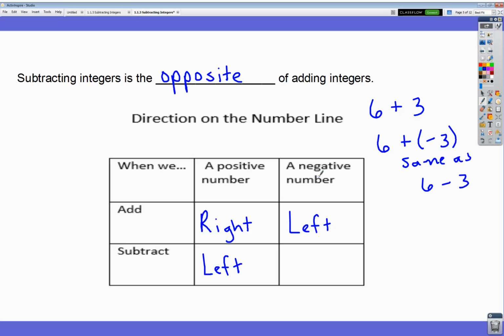When we add a negative number, we also go to the left. If we subtract a negative number, so this would be like 6 minus a negative 3, we're going to do the opposite of when we subtract a positive number, so we're going to go to the right. So 6 minus a negative 3 is the same as 6 plus 3.